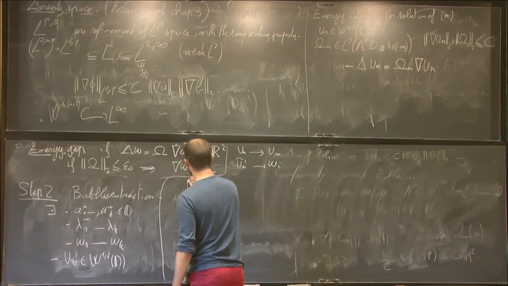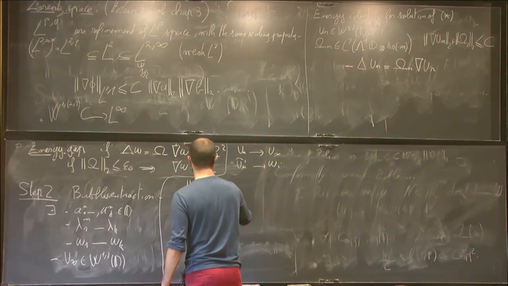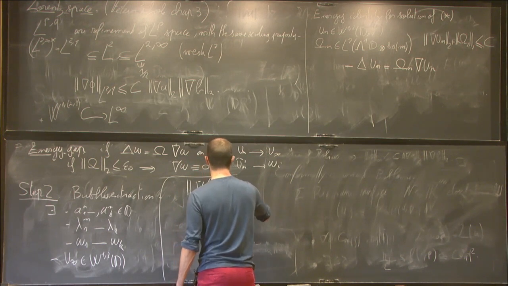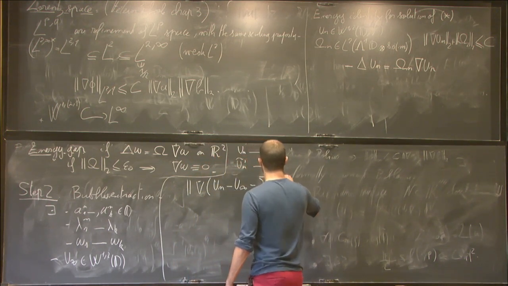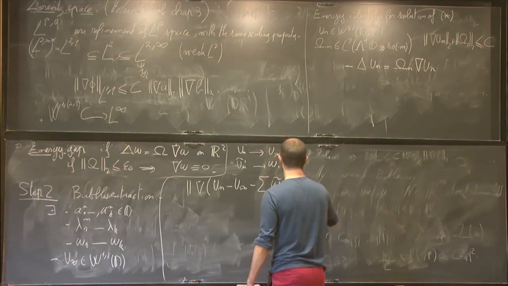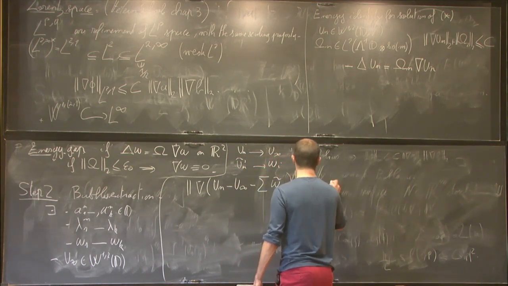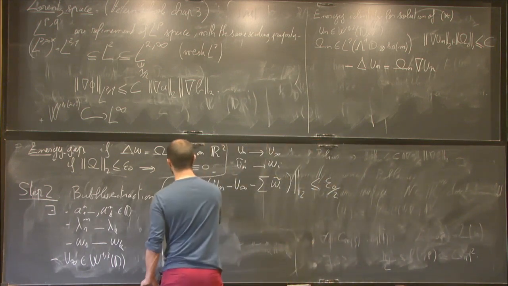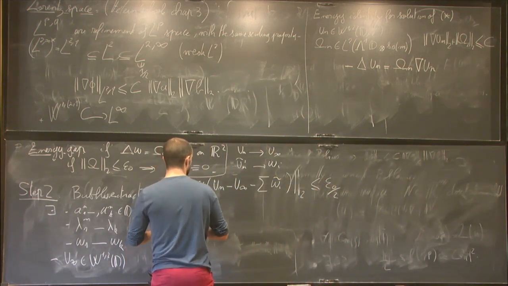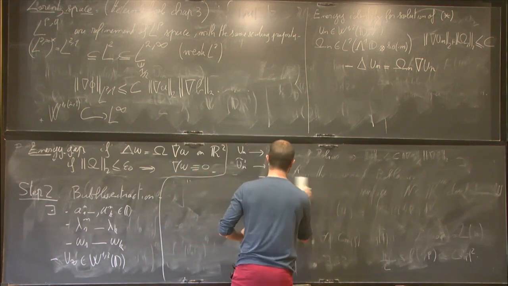And you can do it. Of course, the energy is not going to 0, else it will be over. But you can ask that the energy is smaller than epsilon 0 over 2 in the neck region. I will write it better than this.